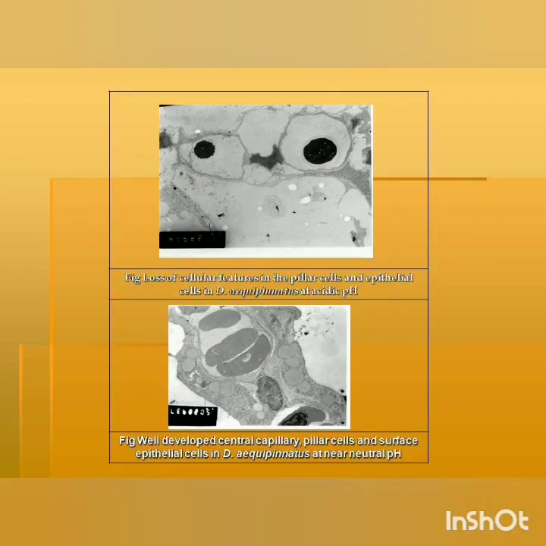This is well developed central capillary pillar cells and surface epithelial cells in D. equipinnatus near neutral pH. When pH is not acidic and is near neutral, no disturbance is observed.